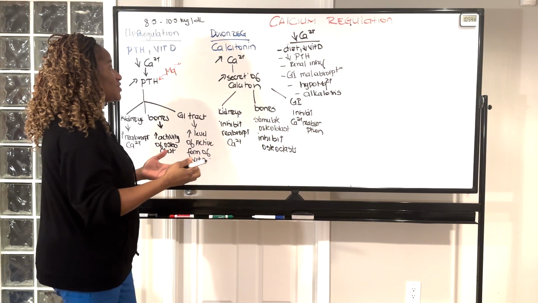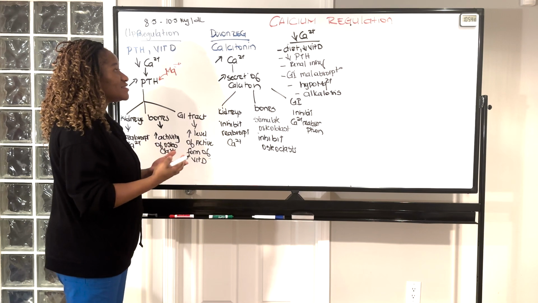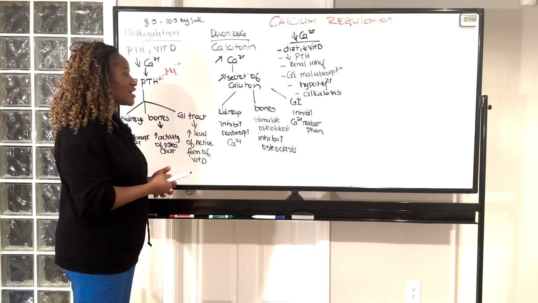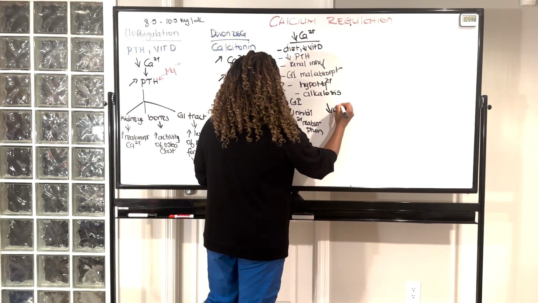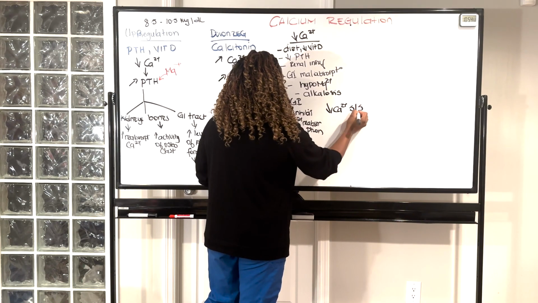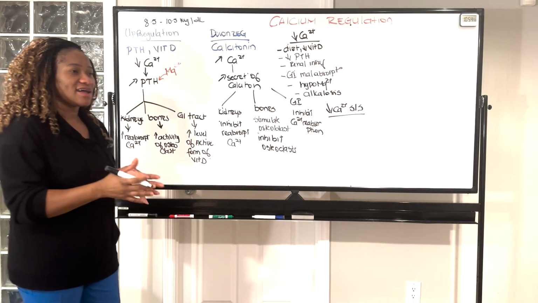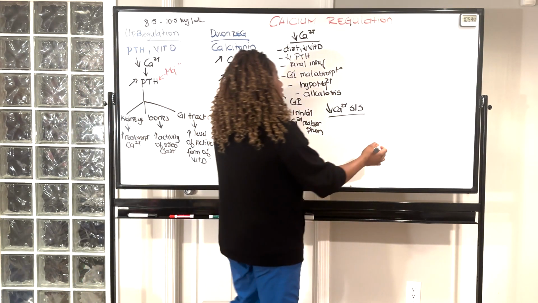So now that we have reviewed the situation that can give us a decrease in calcium, what are the signs and symptoms of a decrease in calcium? So if we have hypocalcemia, signs and symptoms. So normally calcium inhibits the sodium in the action potential.